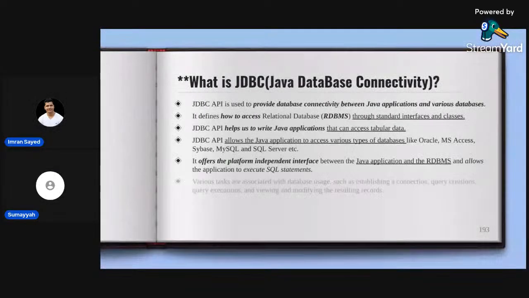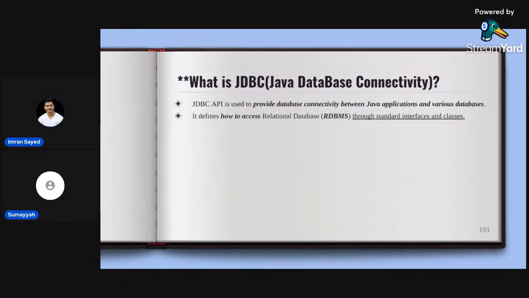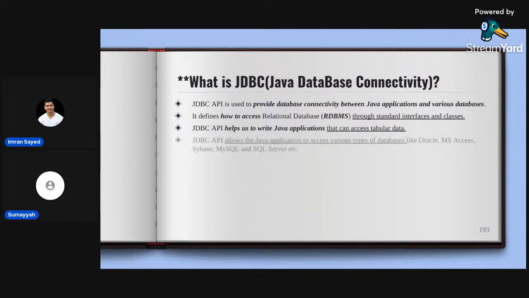Okay, what is JDBC? Java Database Connectivity. So the JDBC API is used to provide database connectivity between Java applications and various databases. It defines how to access RDBMS through standard interfaces and classes. JDBC API helps us to write Java applications that can access tabular data.